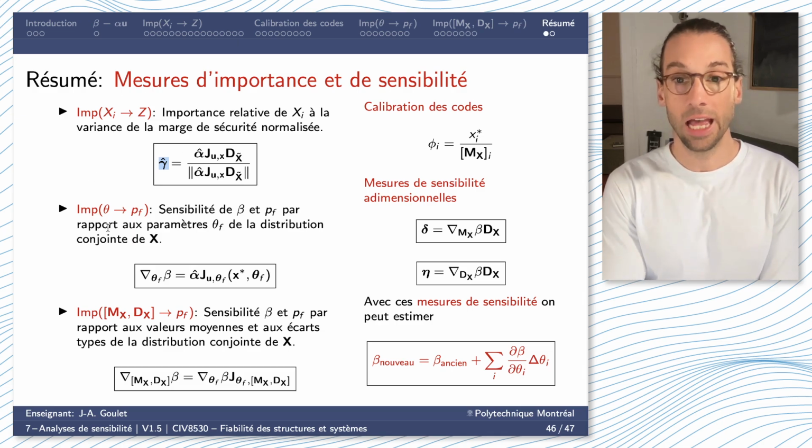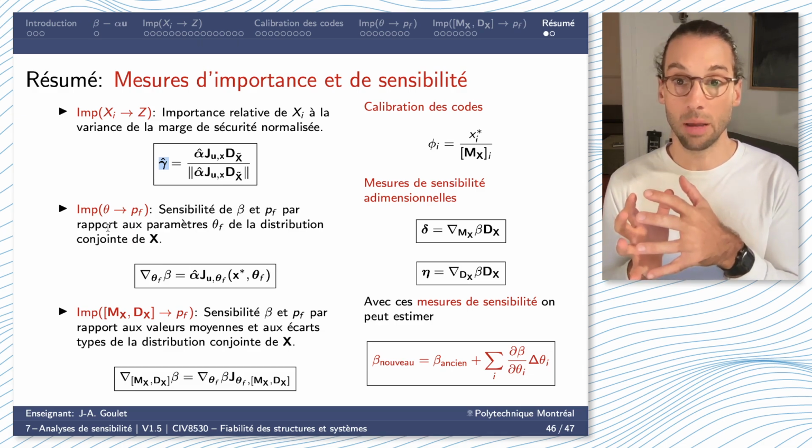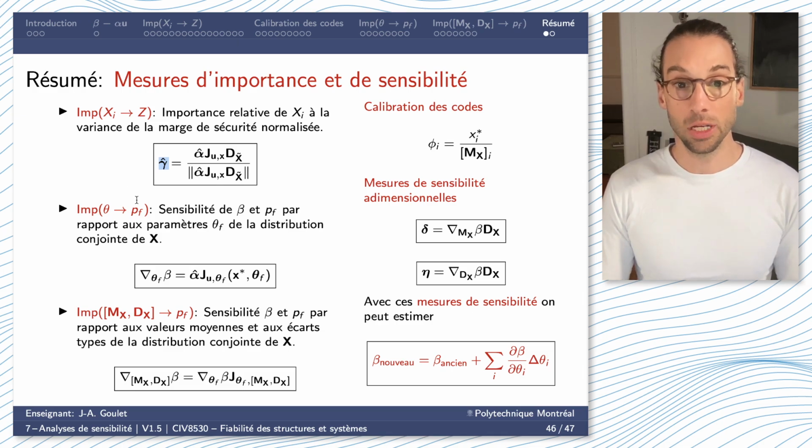Then we can look at the importance of each of my individual parameters involved in my marginal PDF into either PF or beta. In that case, we can do this by looking at the gradient of beta with respect to all of my parameters. This is going to be defined by alpha hat times the Jacobian of the transformation with respect to my parameter theta.